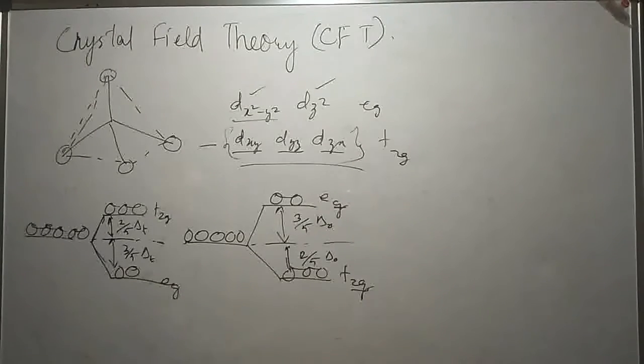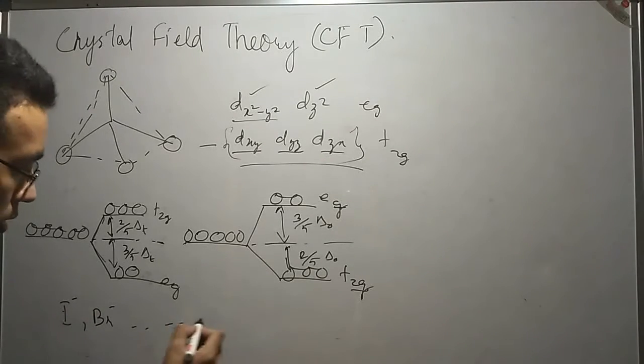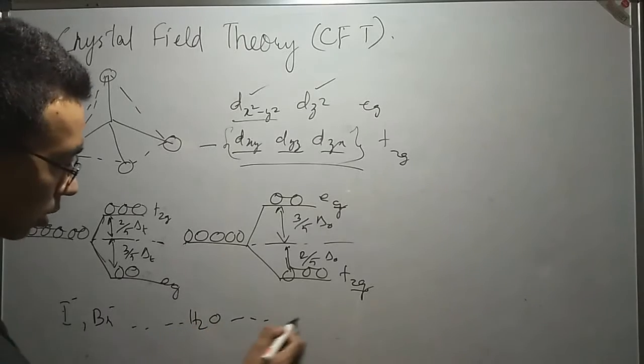So we have a series called the spectrochemical series, where the ligands are arranged in increasing order of their crystal field splitting energy. For example, iodide, bromide, and so on, H2O, and up to CN.